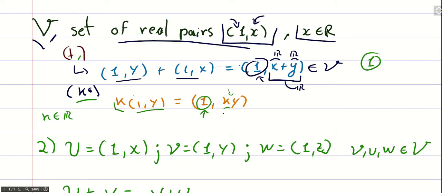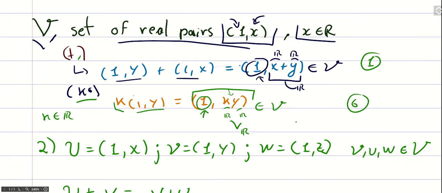Here again, k is a real number and y is a real number. That means that when you multiply both, you have again a real number. So this also satisfies the structure of a vector in V. That means that this is a vector in V, and therefore we are proving the sixth axiom of the vector spaces.